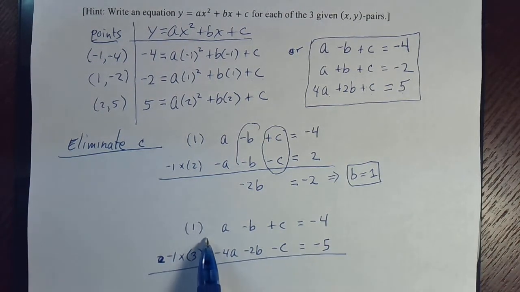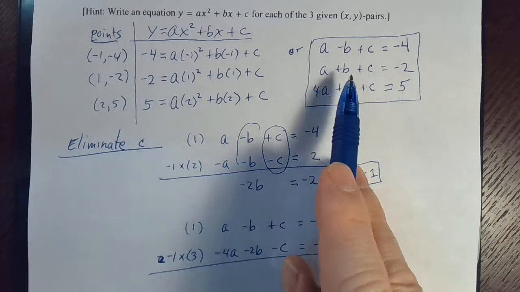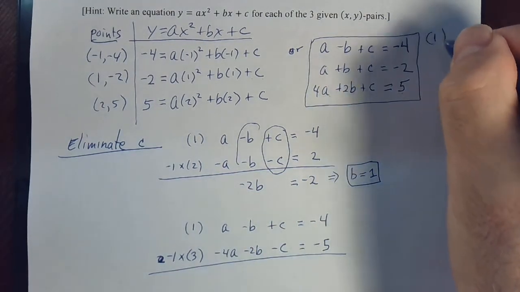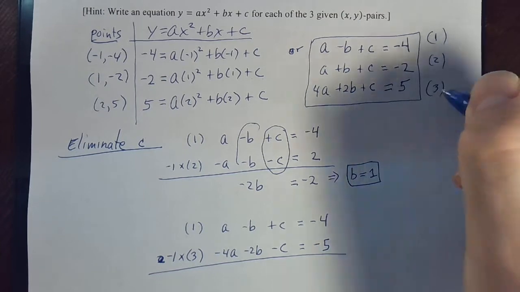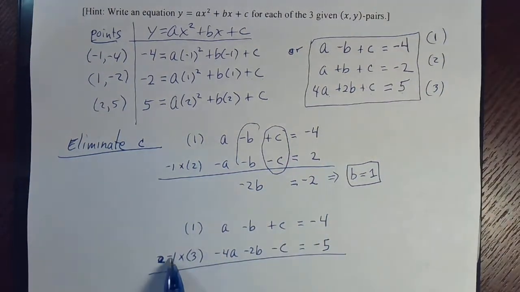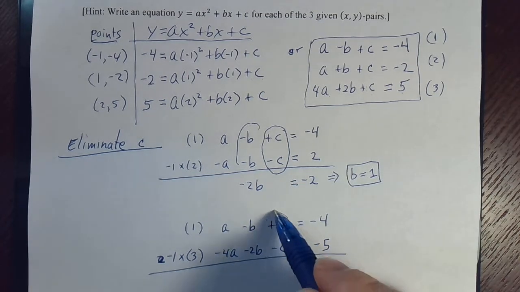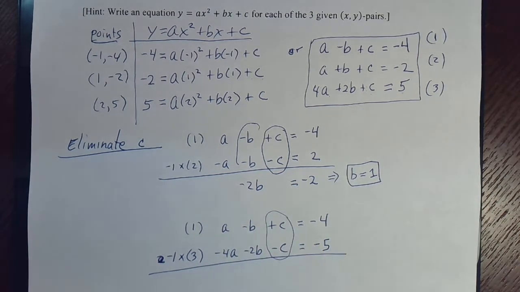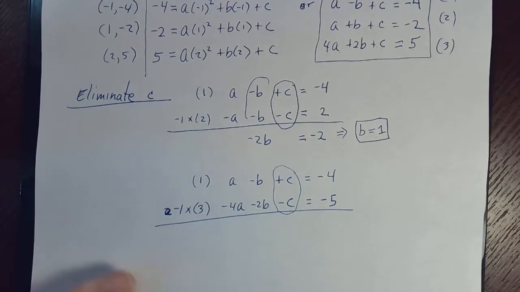Okay, so we took the original equation 1, and equation 3 we multiplied by negative 1 because it eliminated the variable c. Let's add.